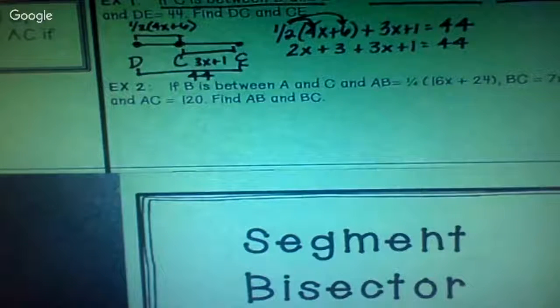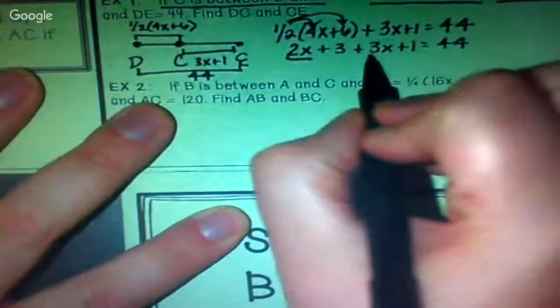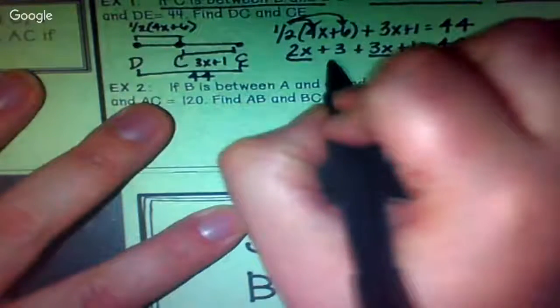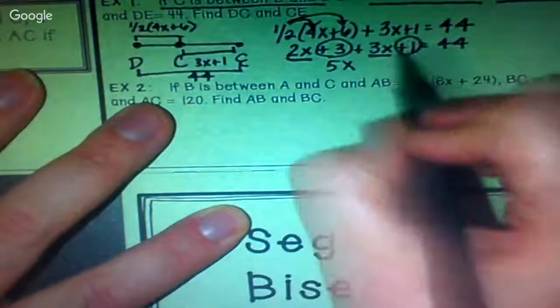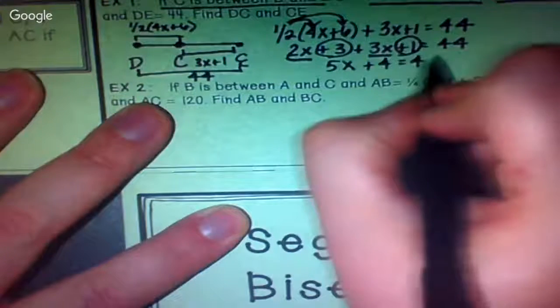Now what? Combine your like terms. So I've got a 2x and a 3x that go together to give me 5x. I've got a 3 and a 1 that go together to give me 4. So 5x plus 4 equals 44.